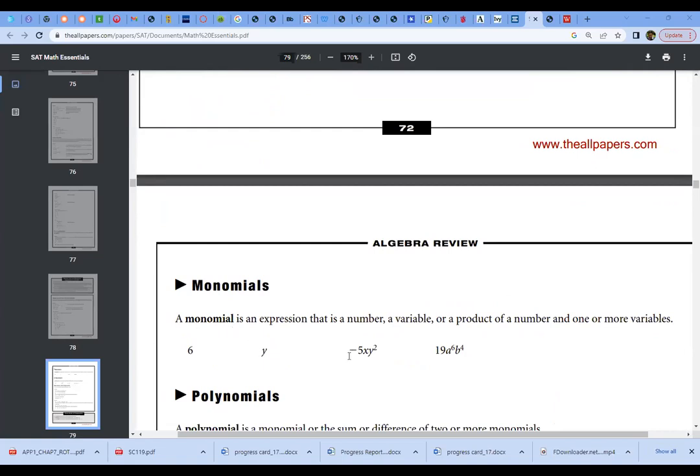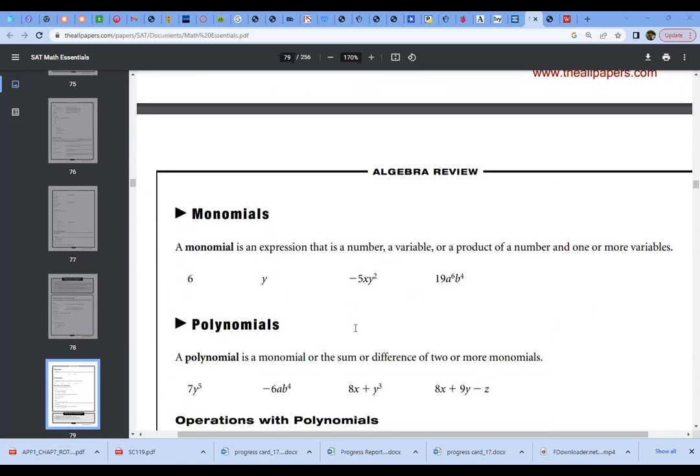Negative 5xy squared is a monomial. 19a to the power 6, b to the power 4 is a monomial. A polynomial is a monomial or the sum or difference of two or more monomials, like 7y to the power 5, negative 6ab to the power 4, 8y plus y plus y to the power 3, 8x plus 9y negative 7.